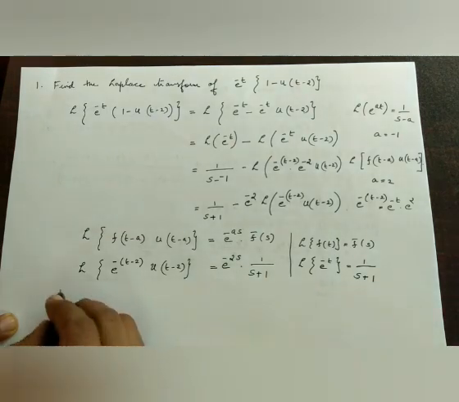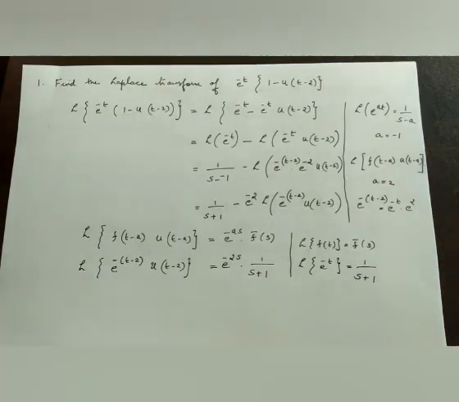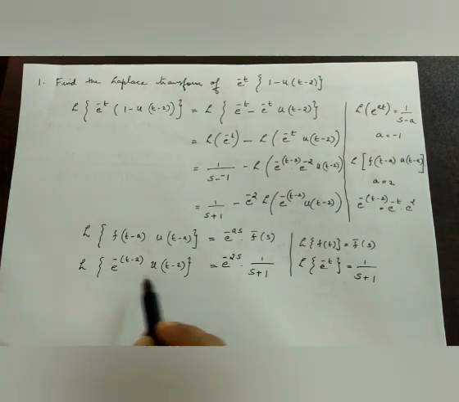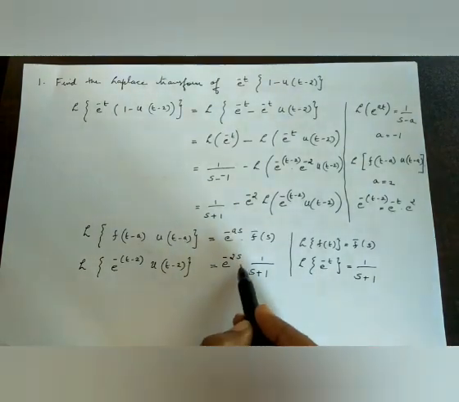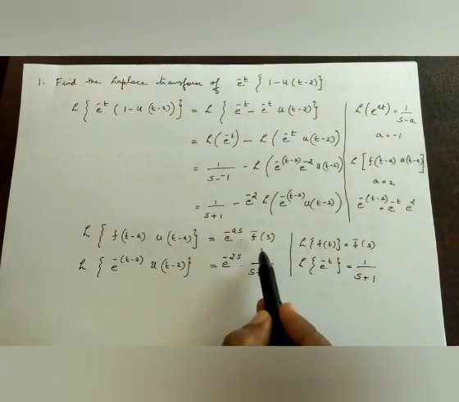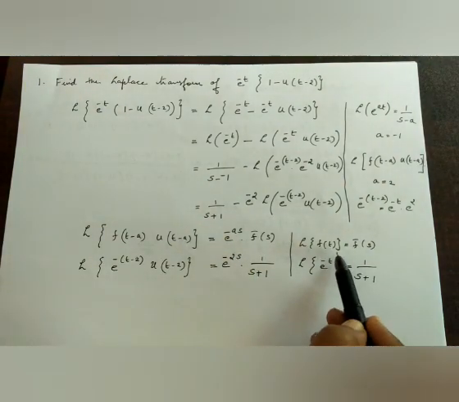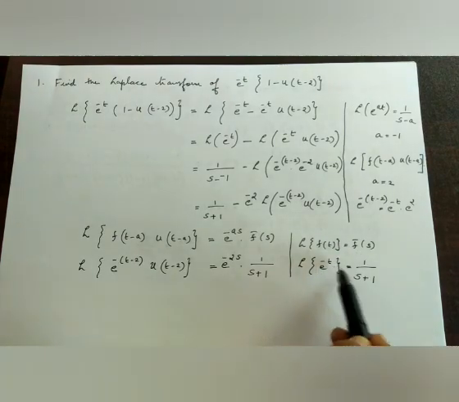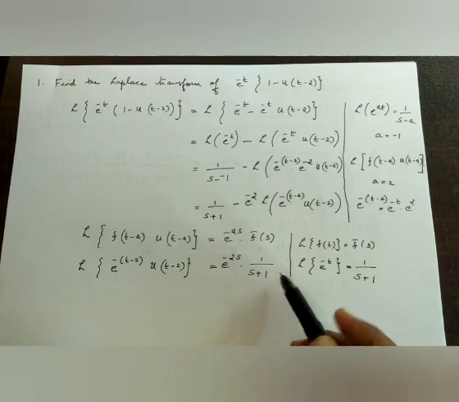Therefore, again the Laplace transform of e raised to minus of t minus 2 u of t minus 2 is equal to e raised to minus 2s into f bar s. F bar s is the Laplace transform of f of t. Here f of t is e raised to minus t, which is equal to 1 by s plus 1. Okay.